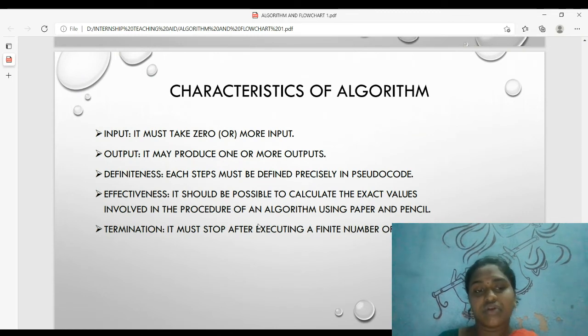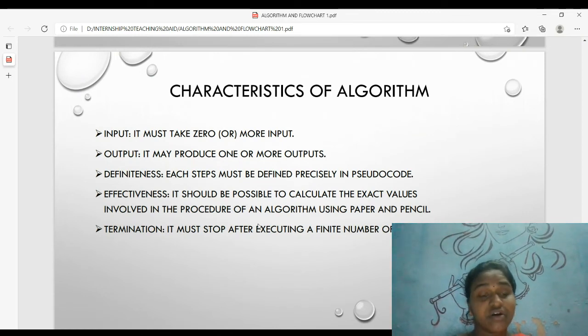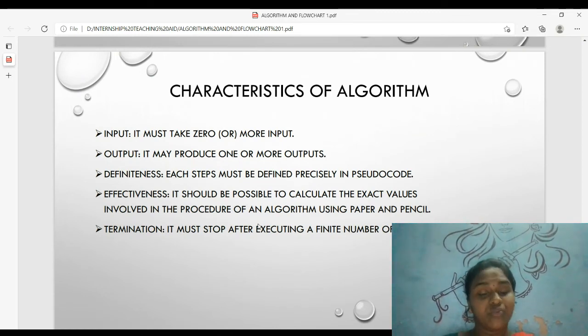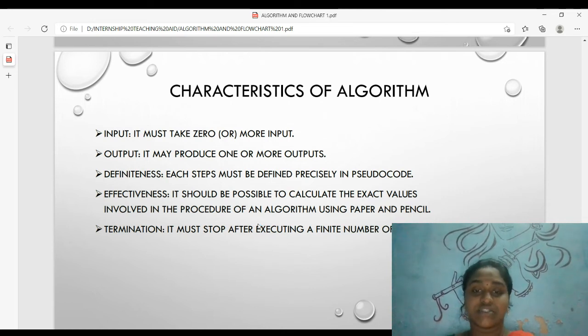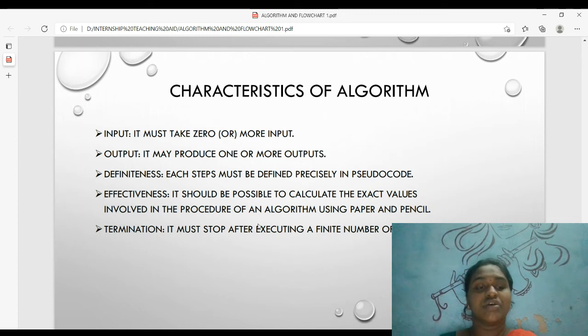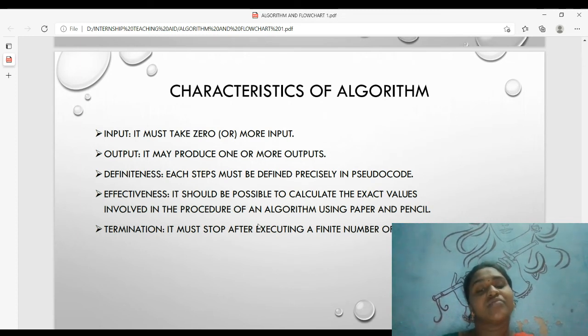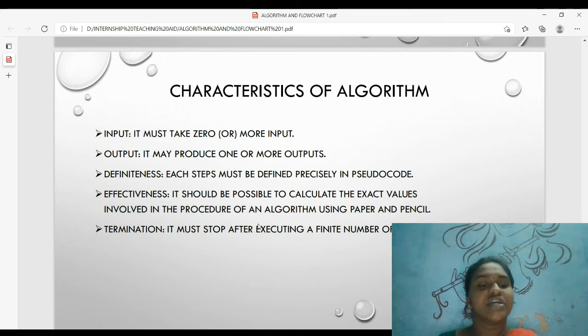Then output, which we can compare with input. It may produce one or more results. If you take one value, it will give one particular output. If you take more input values, you can get more output values.